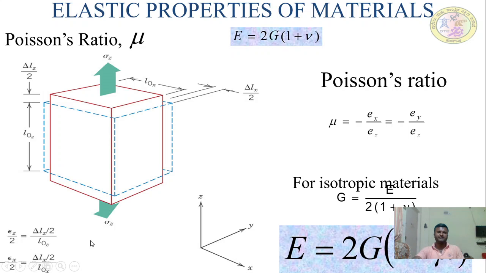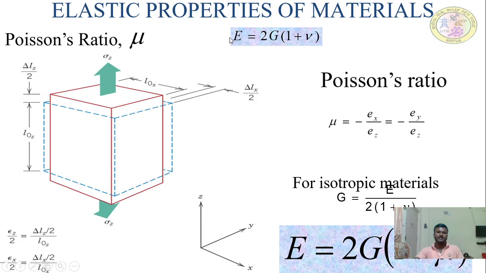There are relations between these properties of elastic constants, which are used to find the relation. We use the symbol for Poisson's ratio between the elastic constants: Young's modulus, modulus of elasticity and modulus of rigidity.